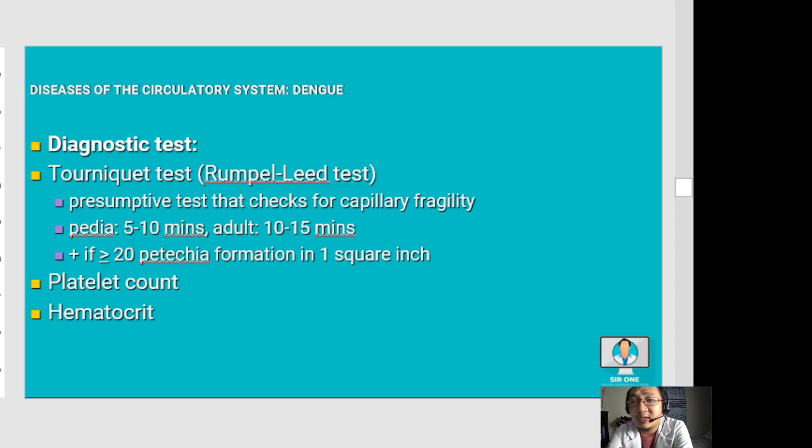Then diagnostic tests, again, as I have mentioned, tourniquet test or Rumpel-Leede test. If you don't have any tourniquet, you can use your blood pressure cuff. You get the blood pressure of the suspected patient, then get the systolic and the diastolic, add them, and divide by 2.